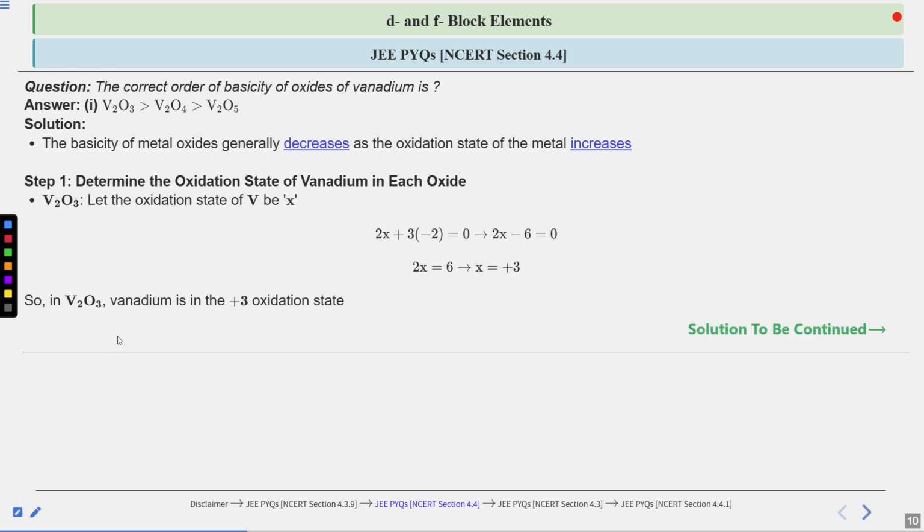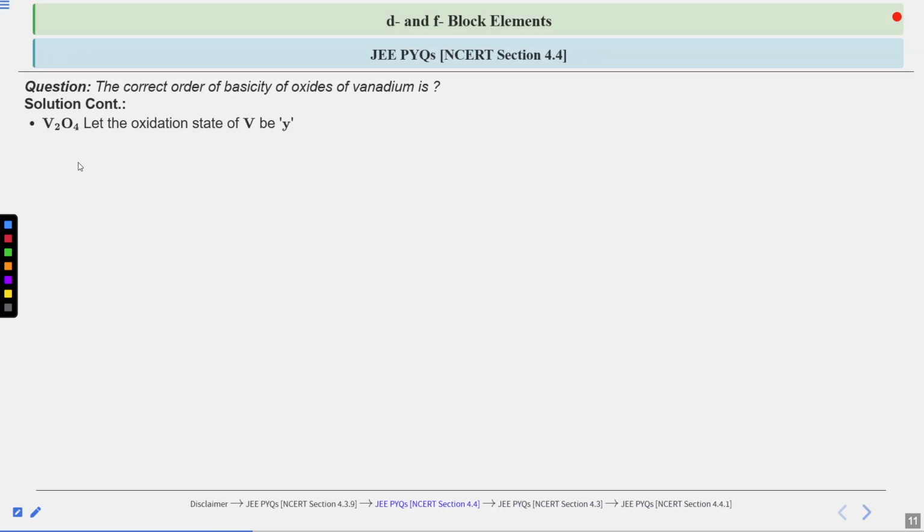Similarly, for V2O4, let the oxidation state of vanadium be Y. So 2Y plus 4 times minus 2 equals 0. We are putting 0 because this is a neutral molecule and doesn't have any charge. If it had any overall charge, that charge would be put in place of the 0.